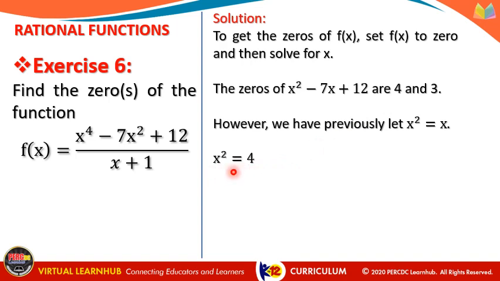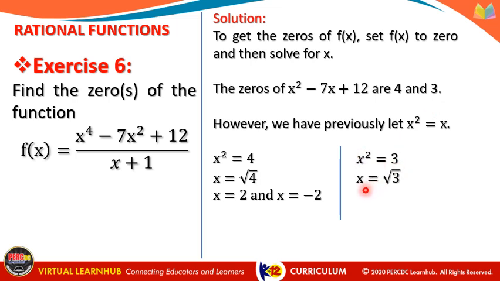Siyempre, taking the square root of both sides, x is square root of 4. At siyempre, dalawa ang sagot natin dito, positive 2 at negative 2. Ganon din yung gawin natin sa 3. X squared is equal to 3. Take the square root of both sides. Of course, we will get negative square root of 3 and positive square root of 3. So, ganon lang.